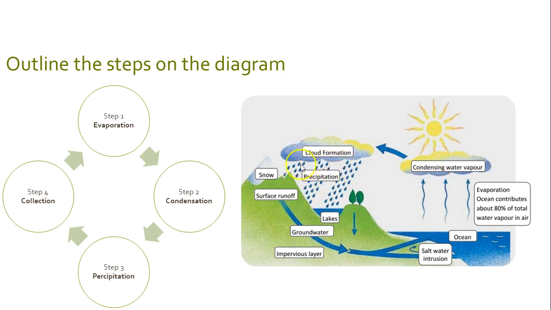Third stage is precipitation, when rain starts to fall, or snow. The fourth step is collection, when water is collected in more than one channel, either above or underground. So you can quickly summarize the 4 steps that you have on this diagram.